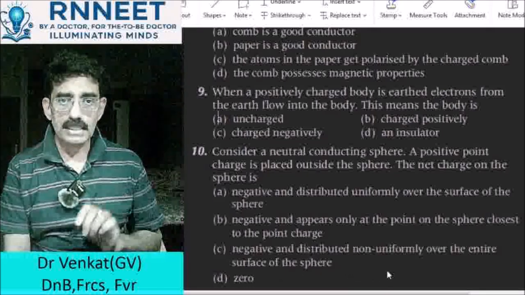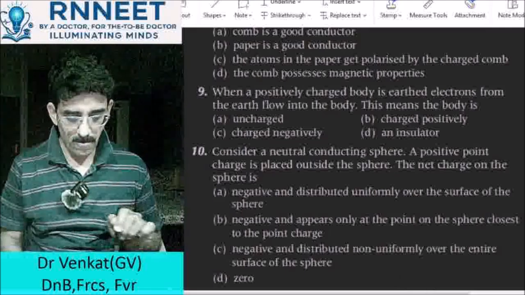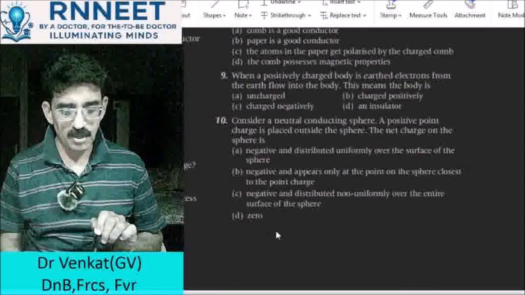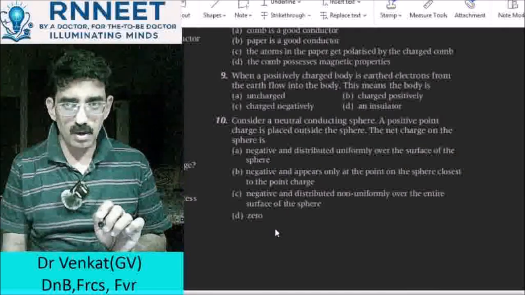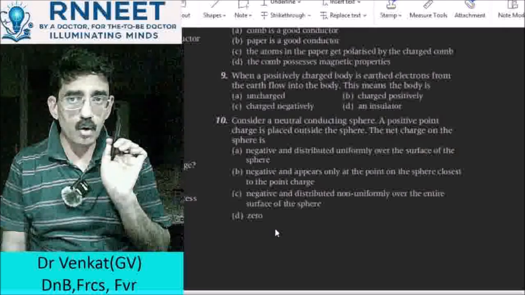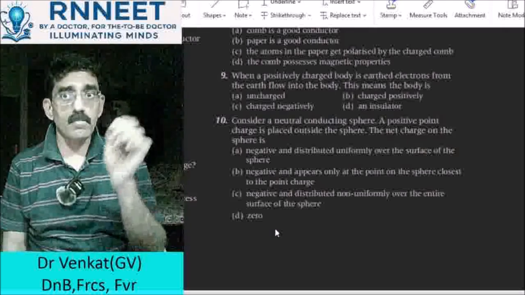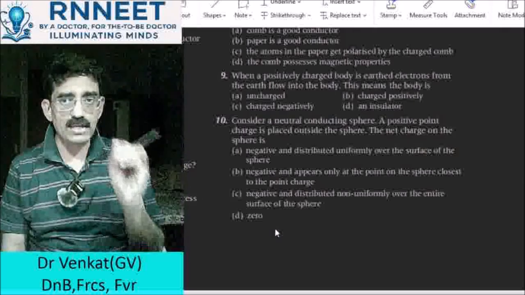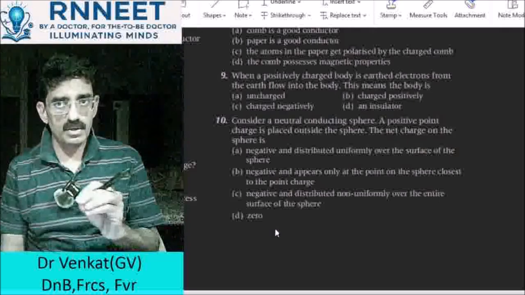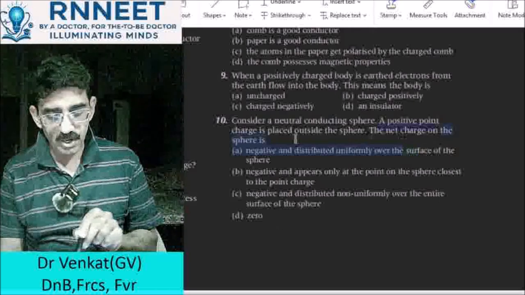You know that it is a neutral conducting sphere. It will undergo induction only if there is a massive or bigger charge which is actually closer to it. You cannot get induction from a point charge.